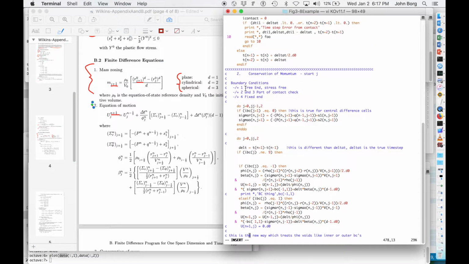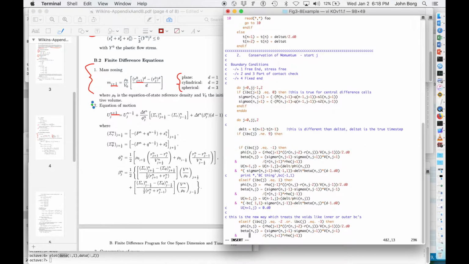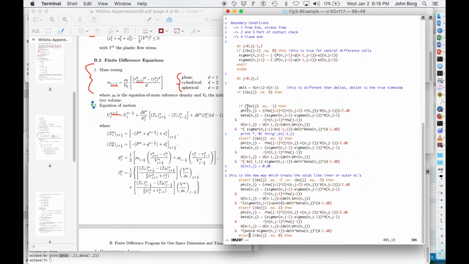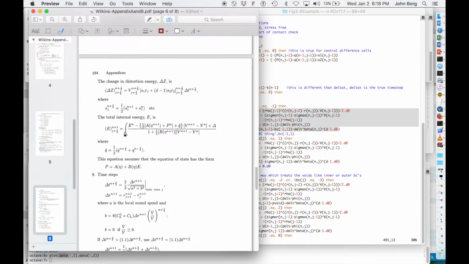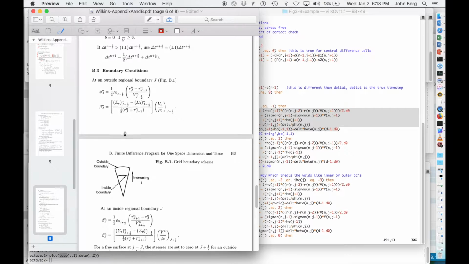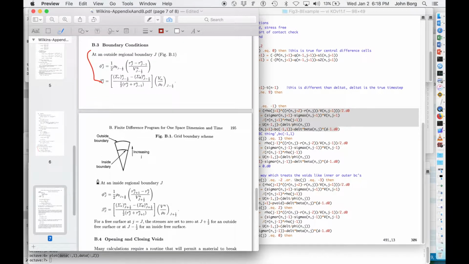Here's our boundary condition check. You can see what it's doing is it's got a delta t. And if it's a leftmost node, it's going to use the left side stencil, which is described in Wilkins' book here, and boundary conditions right here for the left side or the inside, and then here's the outside.